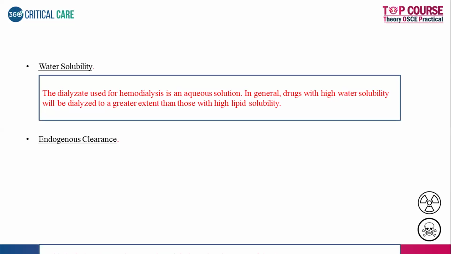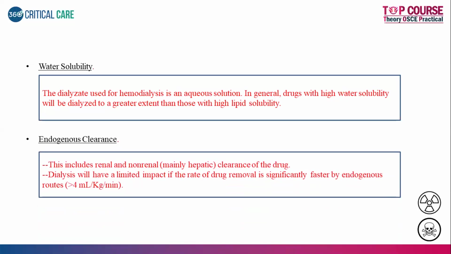And the fourth one is endogenous clearance. Okay, what do you mean by endogenous clearance? All of our drugs in the body get metabolized either through renal or non-renal mechanisms. In non-renal, the most important one is your hepatic clearance. Your endogenous clearance should be less if the drug has to be removed by dialysis or any other extracorporeal therapy.